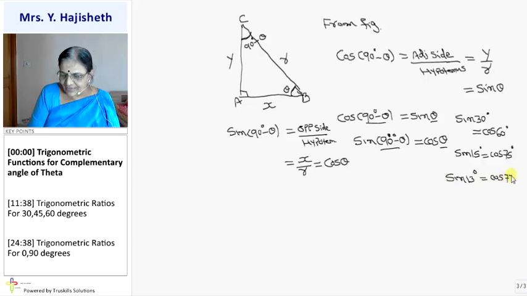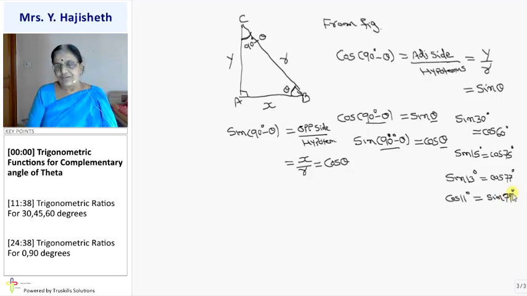So 77 degree. Cos of 11 degree is sine of 90 minus 11. So 79 degree. So sine and cos are equal if their angles are complementary. If the sum of two angles is 90, then sine of one angle is cos of another angle.